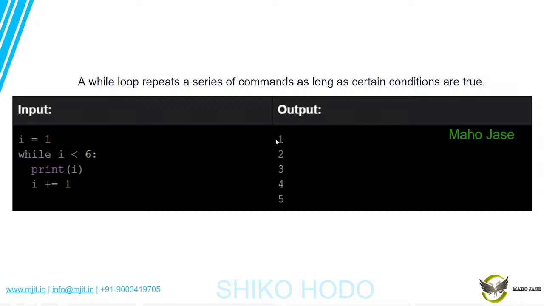So I would give a chocolate to the first person, the second person, the third person, the fourth person, and the fifth person, and I won't be able to give a chocolate to the sixth person because I don't have a sixth chocolate.